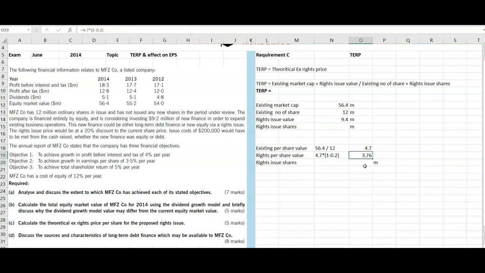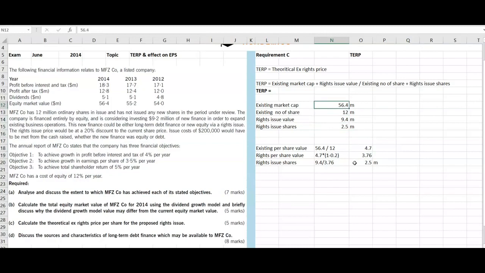Now this 9.4 is the million amount that we have to raise, and 3.76 is the value per share. So this will give us the number of rights shares that have to be issued. This number is in millions. The total number of rights shares to be issued will be 2.5 million shares.